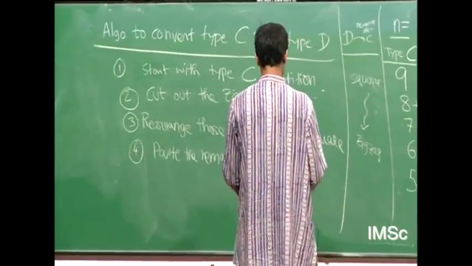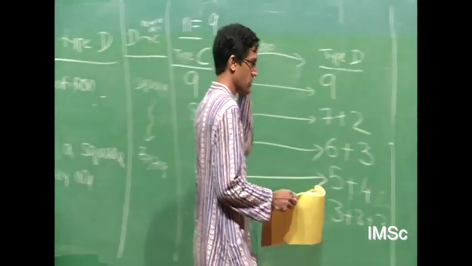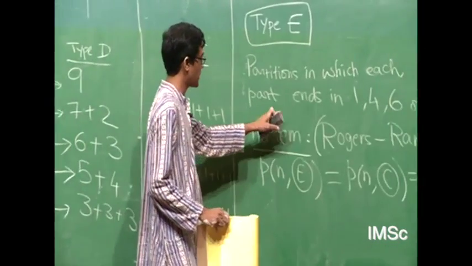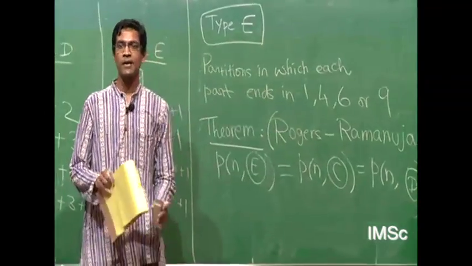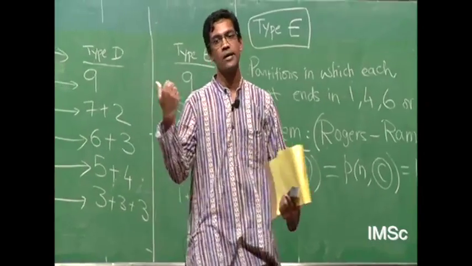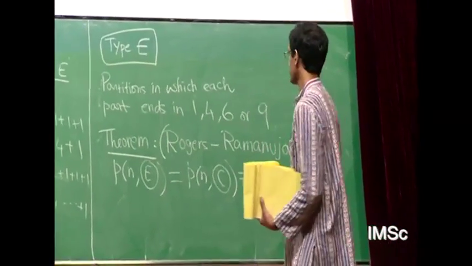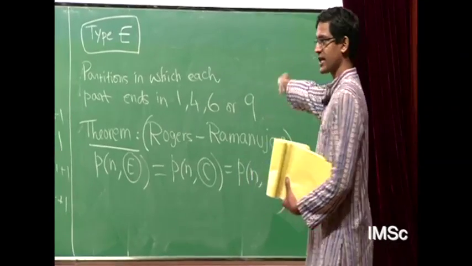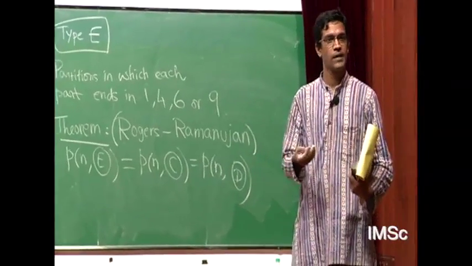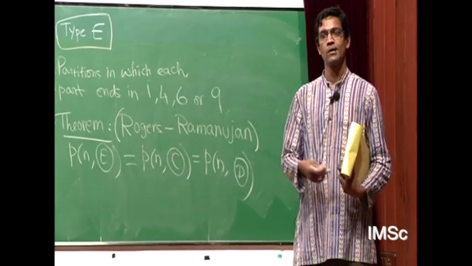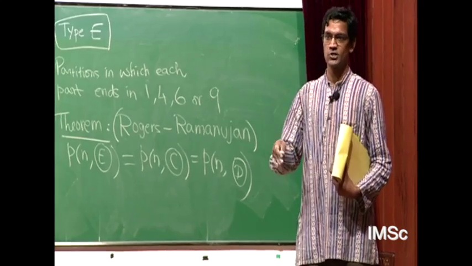Now, this is a very different ball game. I just want to stress that this doesn't quite have a diagrammatic interpretation, unlike the earlier two things. You can't quite describe this in terms of a diagram, right? It says that all parts are either 1, 4, 6, or 9.